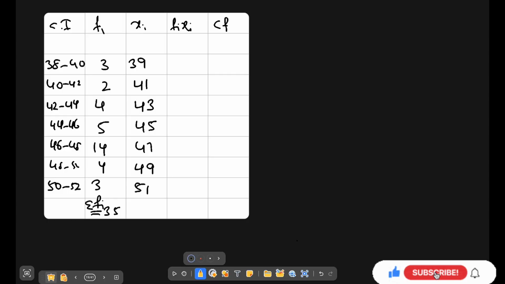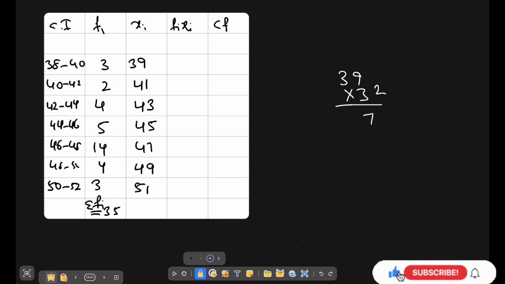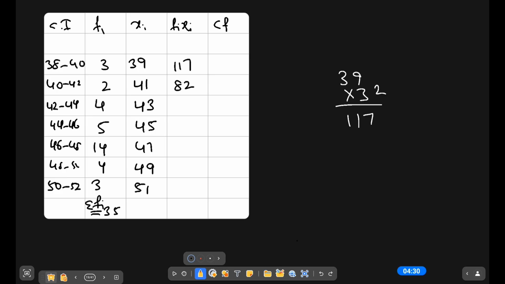So fi xi: 3 into 39, how much? 117. This is 117. Next 2 into 41, 82. Next 4 into 43, 4 3 is 12, 4 4 is 16 plus 7, 172.